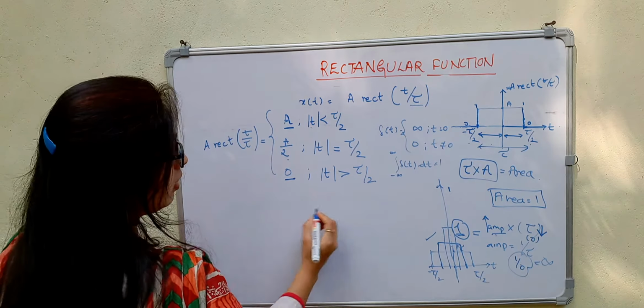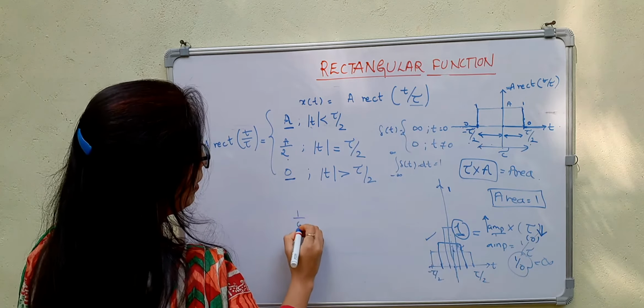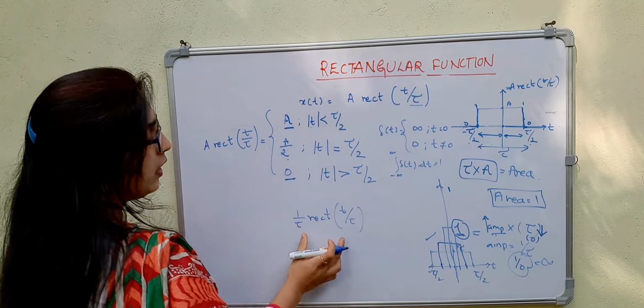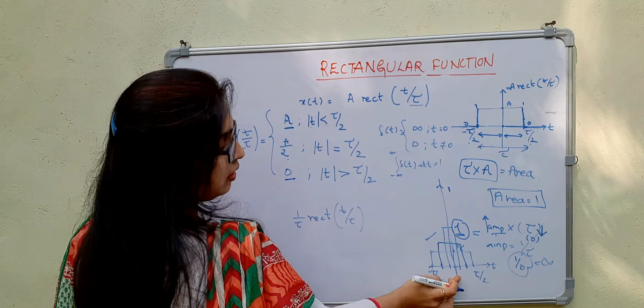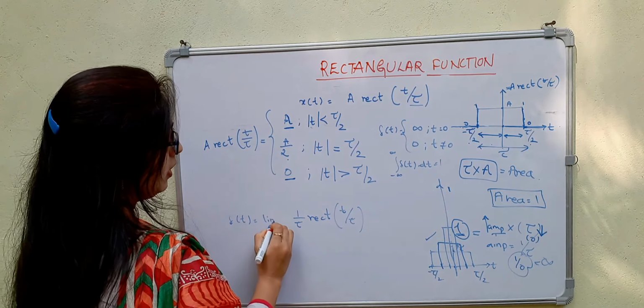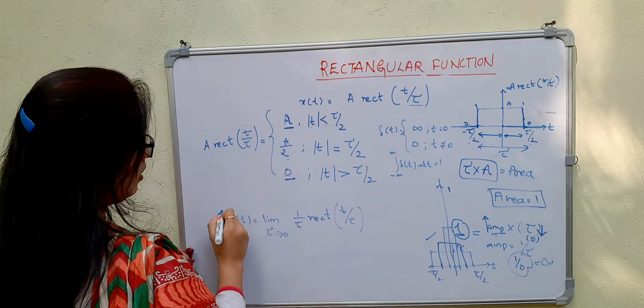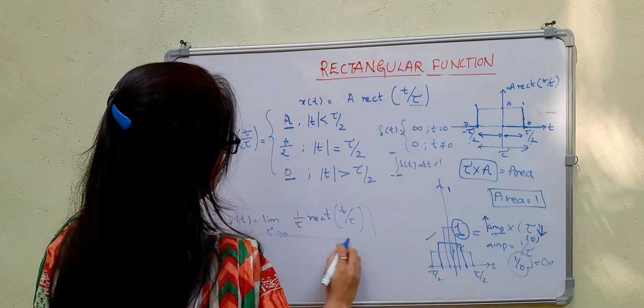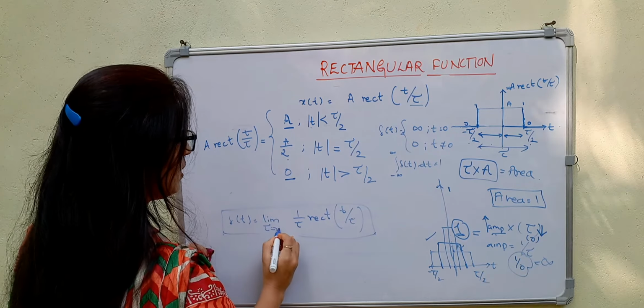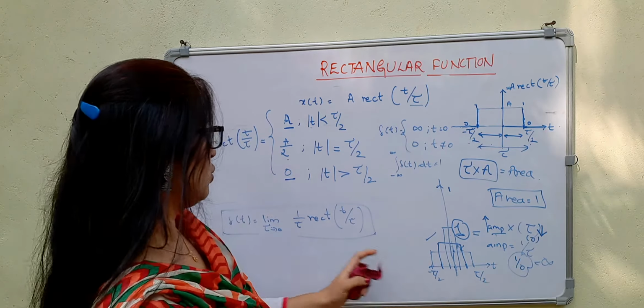See, A is nothing but here 1 by tau, rectangular t by tau. This becomes the unit impulse function when tau approaches 0, right? So you can derive the unit impulse function by taking the limit of this rectangular function.